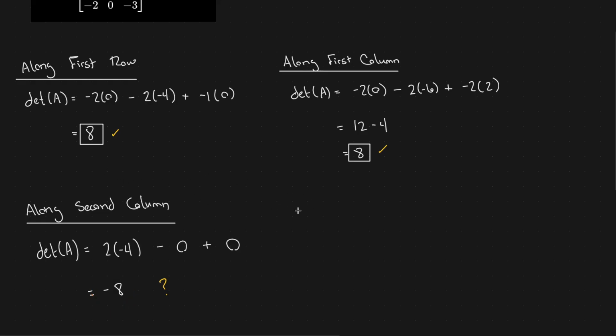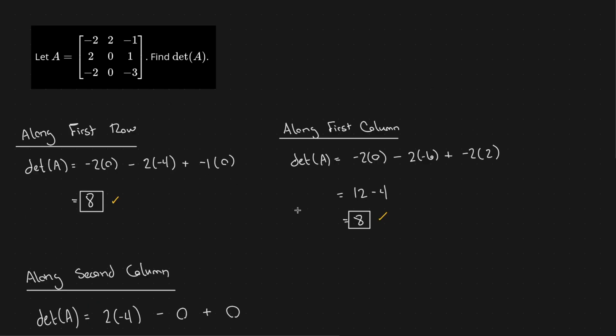So it turns out you have to keep track of what row and column you're in, all right? When expanding along a matrix, the sign that goes in front of your cofactor is determined by which position you're in. So you always start in the first row, first column. That's a positive, okay? But then you alternate after that.